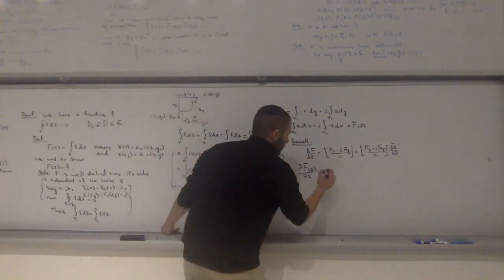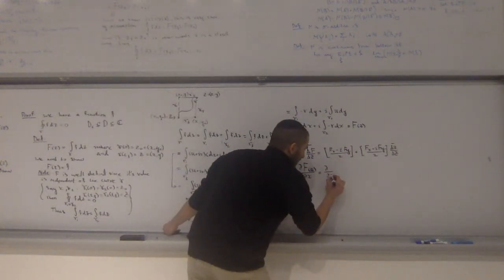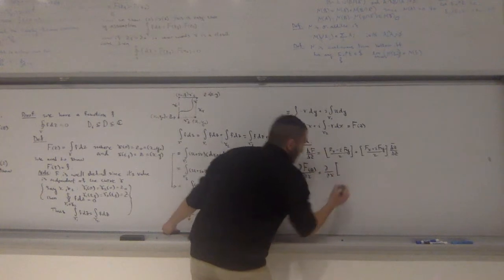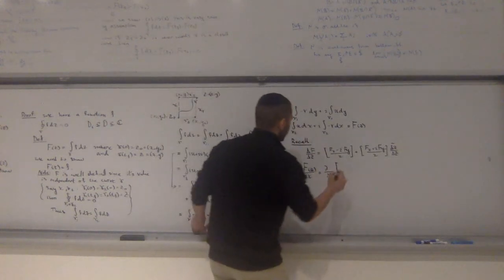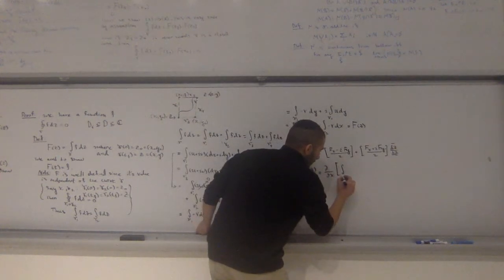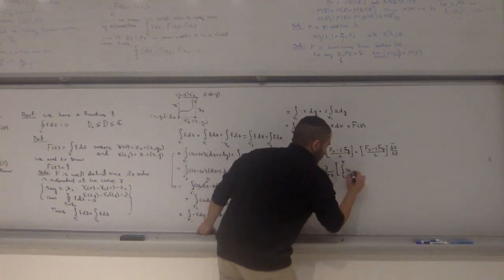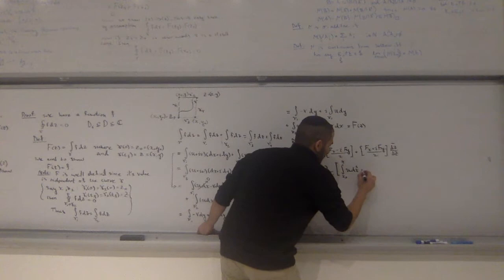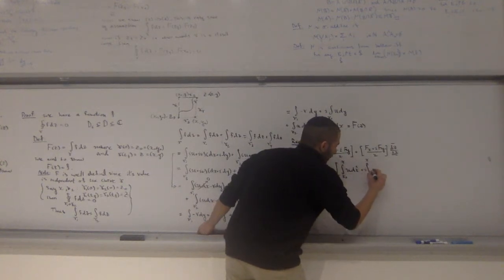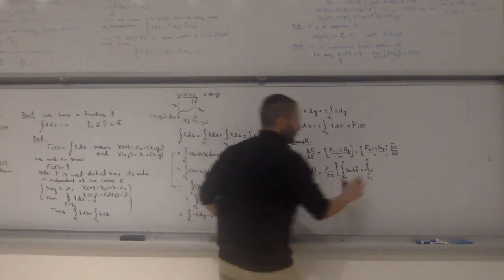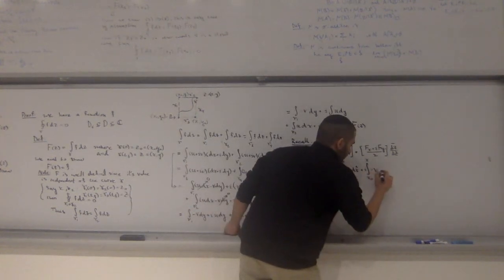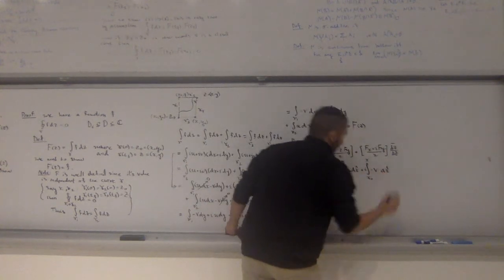And so this is the partial with respect to x of the integral from x naught to x of u dx hat plus the integral from x naught to x of, well, minus i v dx hat.